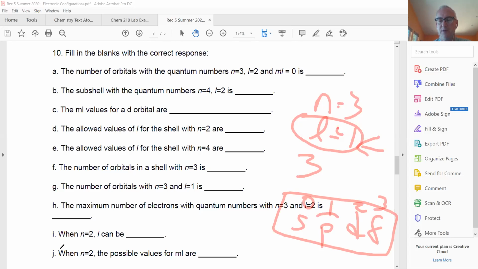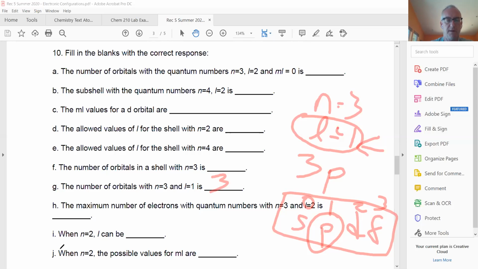How many orbitals are in 3P? 3. Yep. Any P orbital, doesn't matter which one it is, could be 2P, 3P, 4P, 5P, all the same. They're all 3 orbitals: -1, +1, and 0.